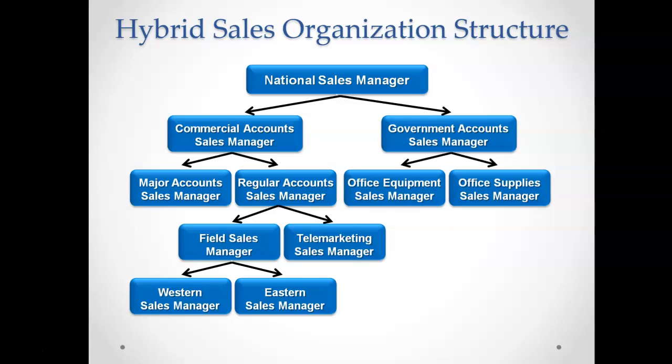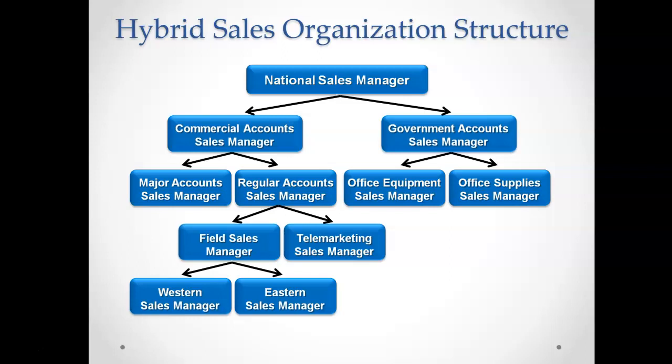So in this example, we're essentially saying that this is an office and equipment supply company. First we're going to divide into whether it's a regular business or a government.